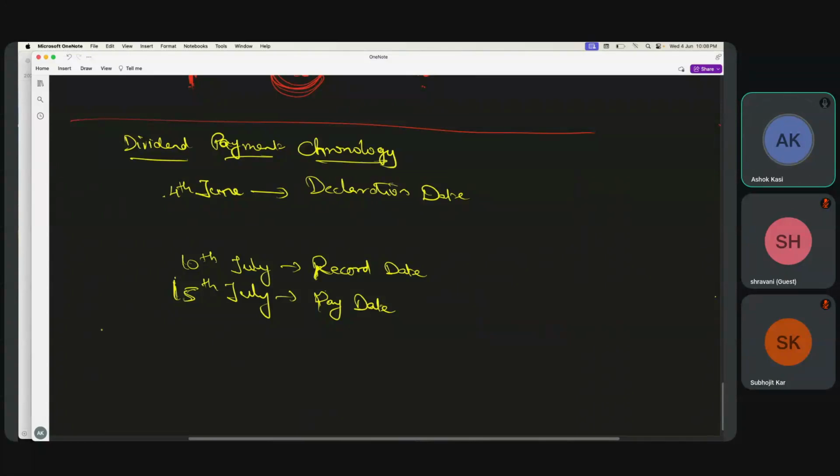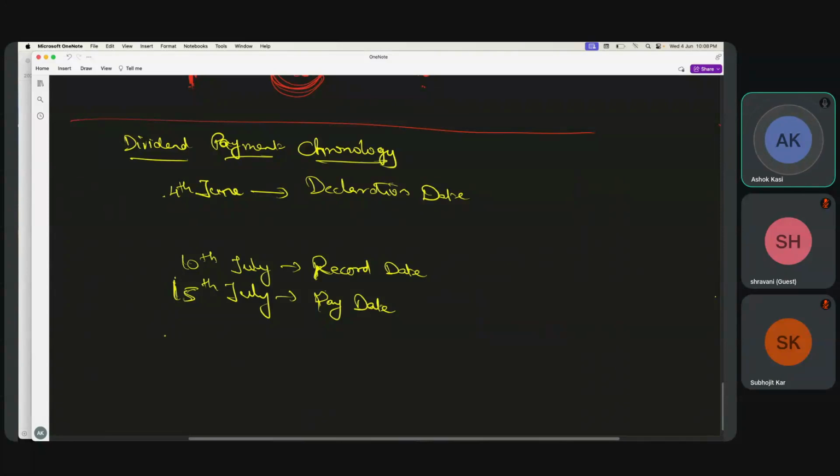So now imagine you are reading this in the newspaper. Today is 4th June, and imagine this is Reliance company shares. Now you are interested in dividends, but you don't have money now. So you are thinking, what is the deadline for me, so that I can arrange money.